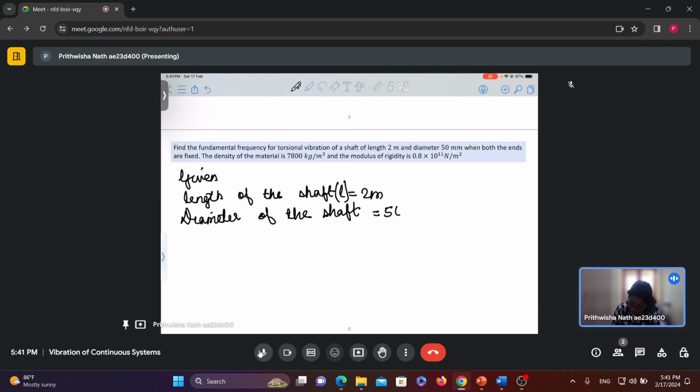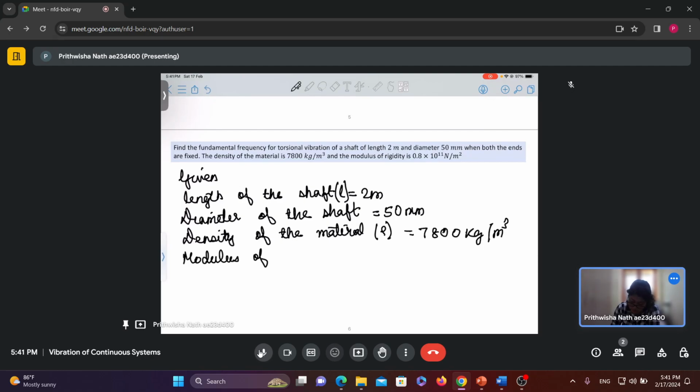Density of the material is given as 7,800 kg per meter cube, and the modulus of rigidity is given to be 0.8 into 10 to the power 11 Newton per meter square.